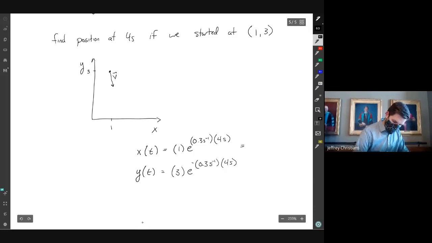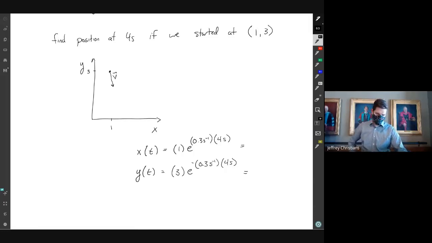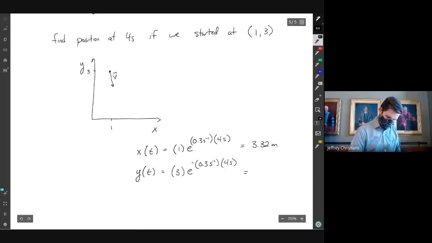So our final position would be, bust out my calculator, e to the 0.3 times 4. So my final x position is 3.32 meters.